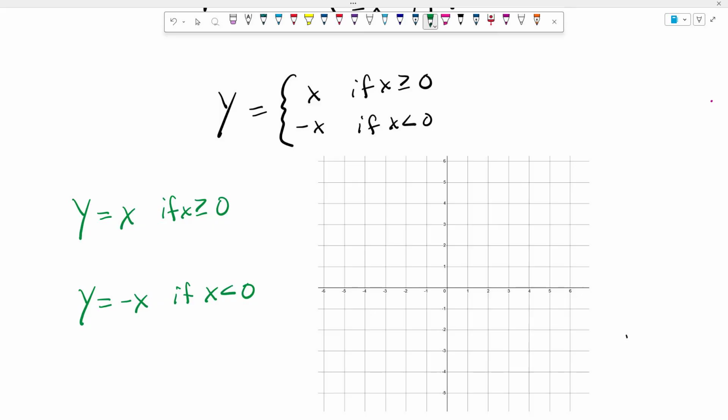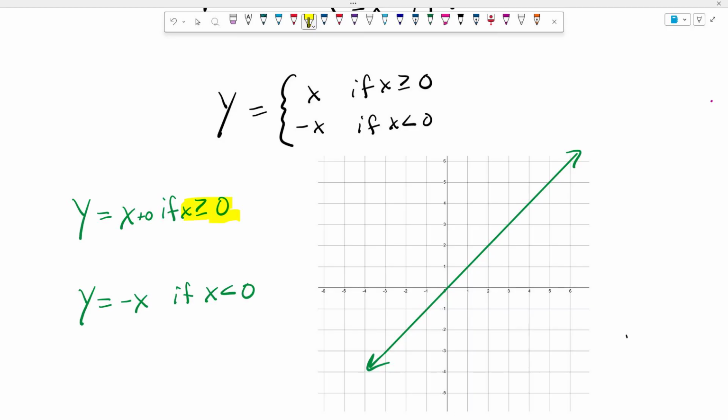What's the slope of this one? 1. And what's the y-intercept? 0. There's nothing here. So it's this line right here, with a slope of 1 and y-intercept 0, except this is only true if x is greater than or equal to 0.